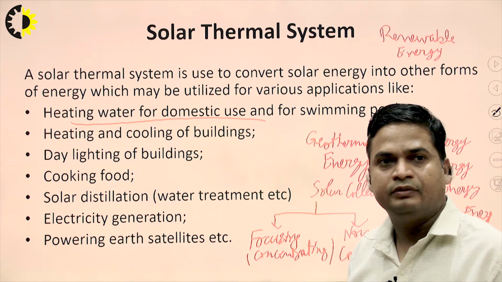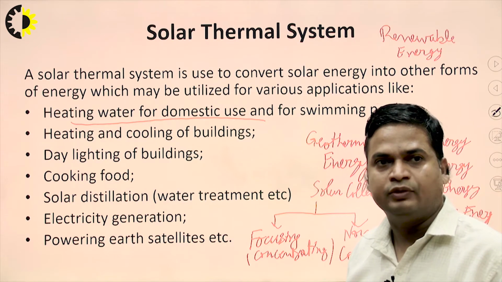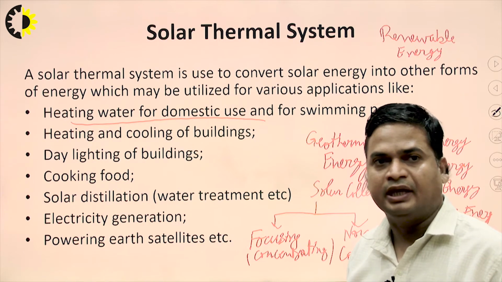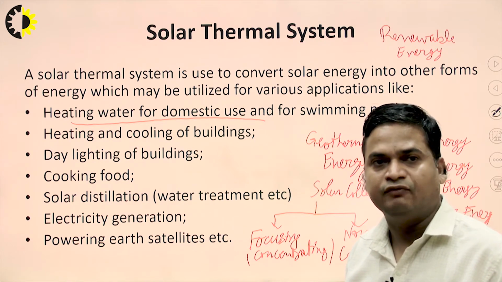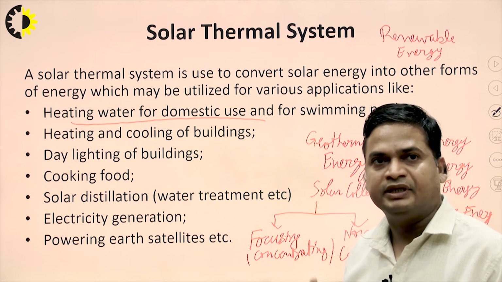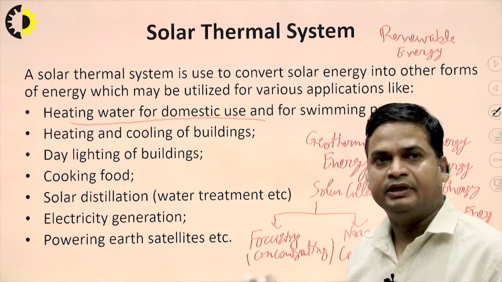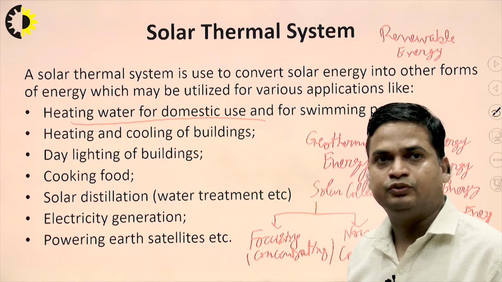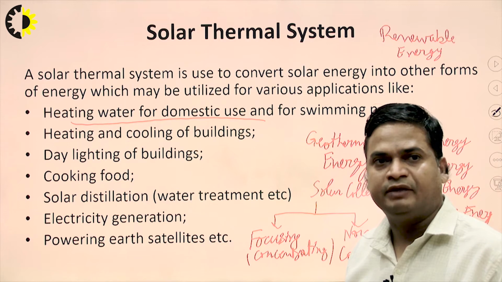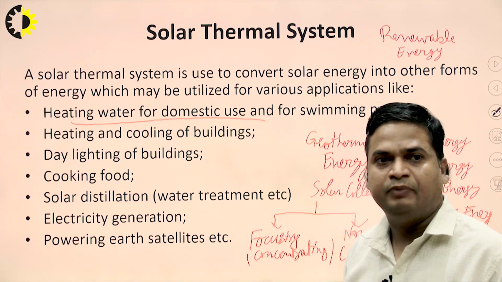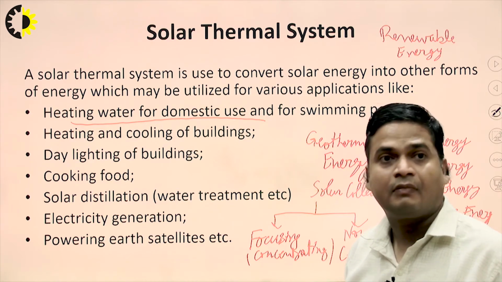Then cooking food: for making food, we need a solar cooker, solar distillation, water treatment, etc. Then electricity generation: solar collectors transfer the heat to the working fluid, and that working fluid transfers the heat to the water, and water gets converted into steam, and that steam is used to rotate the blades of the turbine, and the turbine is responsible for generation of electricity. Then powering earth satellites, etc.